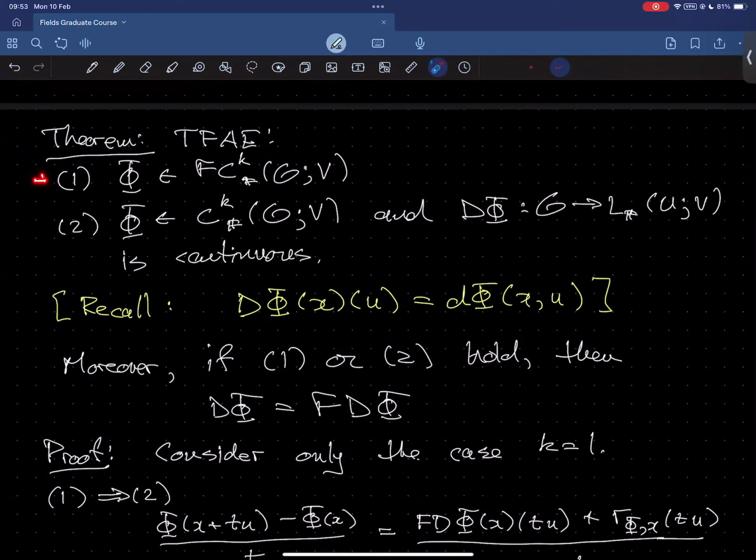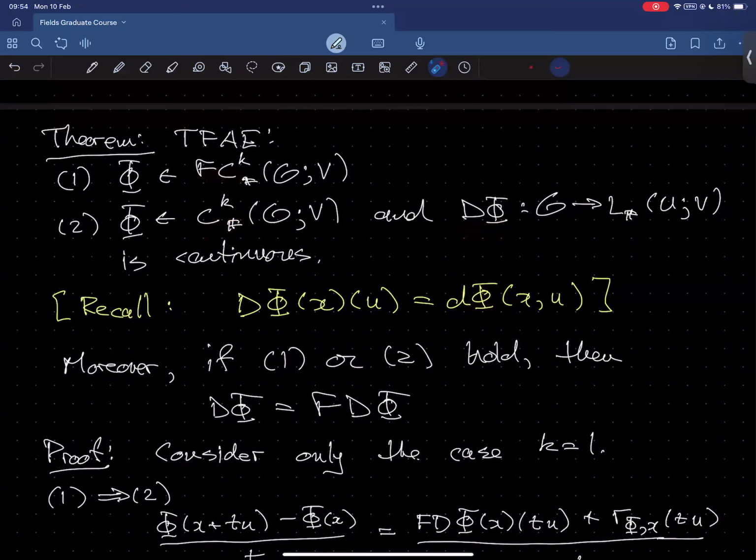So you can conclude that being FCk is the same thing as being Ck with a continuous derivative. What you'd like to be able to say is, can I conclude FCk from Ck? I know that I can't, because I do need this additional condition of continuity of the derivative, and that's not going to be true, generally speaking.